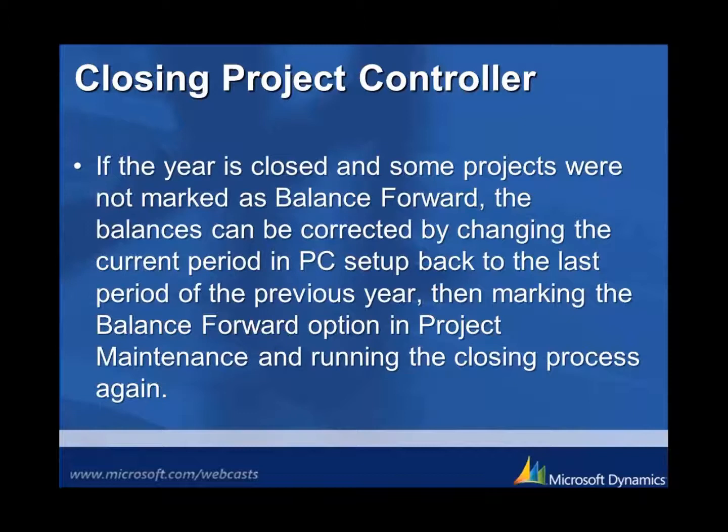Project Controller is one of the only modules that you can actually do stuff like this to, and basically reverse an accidental closing or an accidental moving forward when there was something not set up correctly.